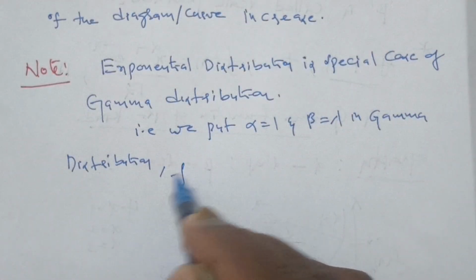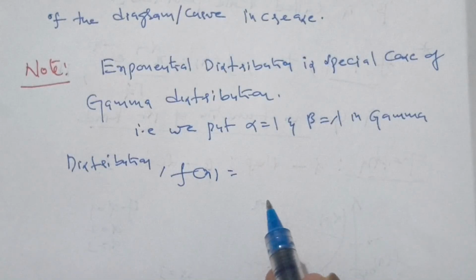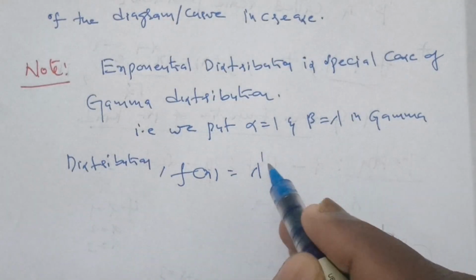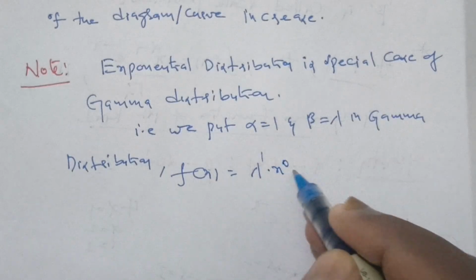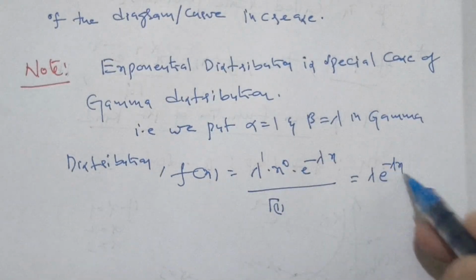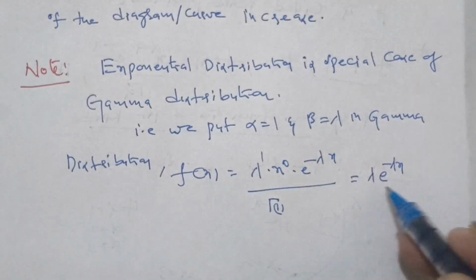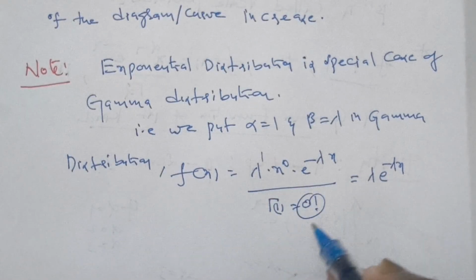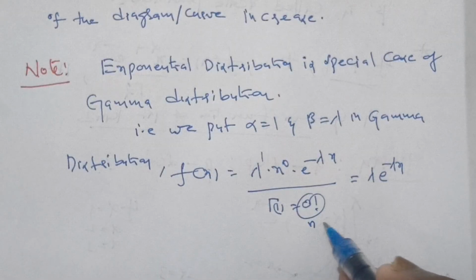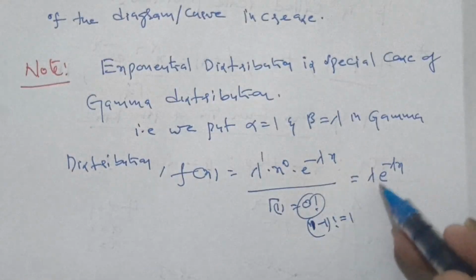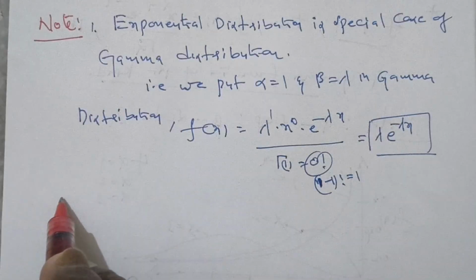So if we put alpha equals 1 and beta equals lambda, then the PDF value is converted into this: lambda power 1 x power 0 e power minus lambda x by gamma 1. We know that gamma 1 equals 0 factorial, and 0 factorial equals 1. So the value is lambda e power minus lambda x. Okay. This is the exponential distribution formula.